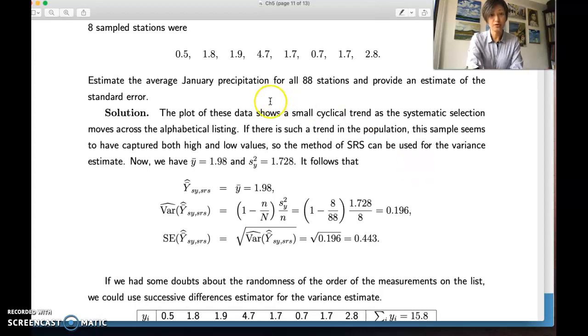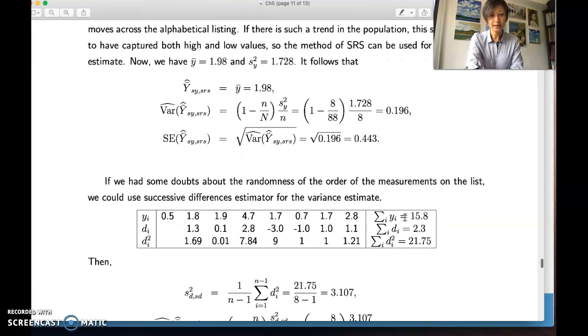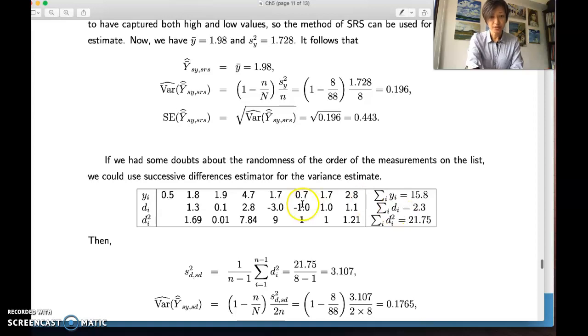That would mean using SRS is actually overestimating the true variance. So we apply the differences method. Okay, so let's put all the data in this way, and then we have the summation of the 8 data divided by 8. So again, we have the average 1.98.